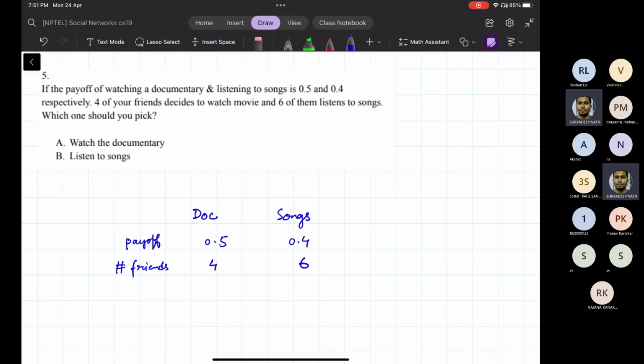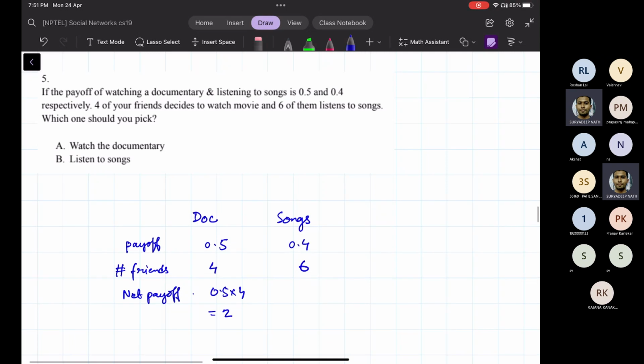The net payoff here is 0.5 into 4, that is 2, and for songs is 0.4 into 6, that is 2.4. So this is higher. The net payoff for listening to songs appears to be higher than the payoff for watching the documentary.